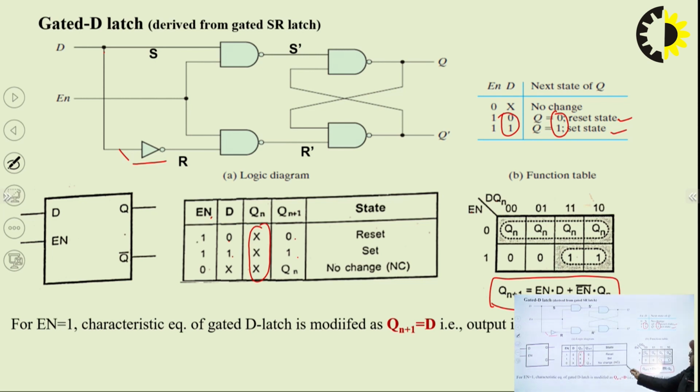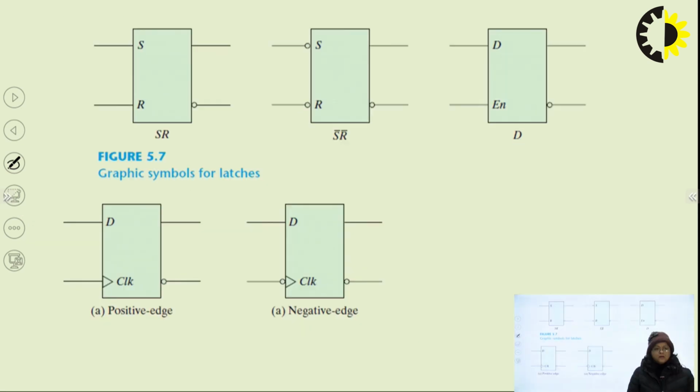So this is the characteristic table, characteristic equation, truth table, and the symbol of the D latch.